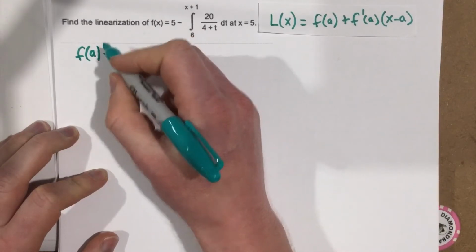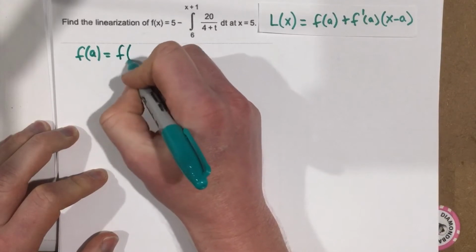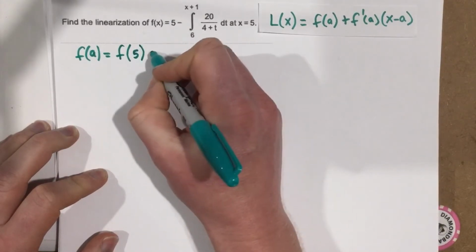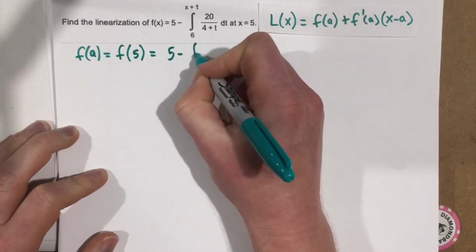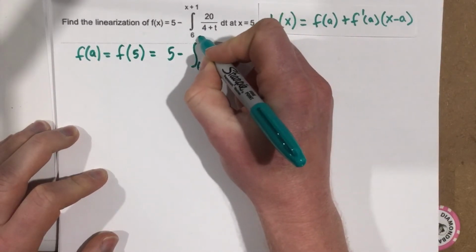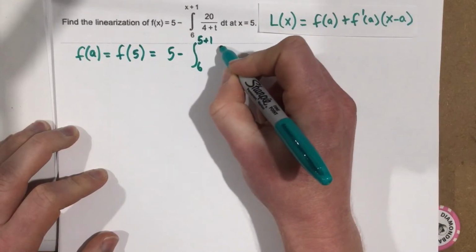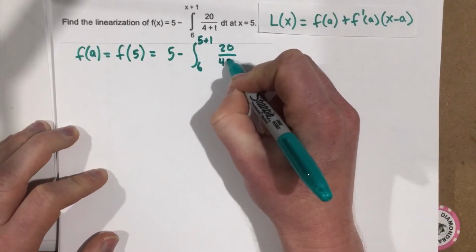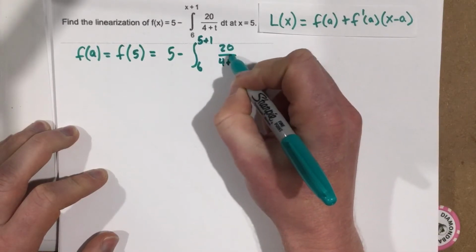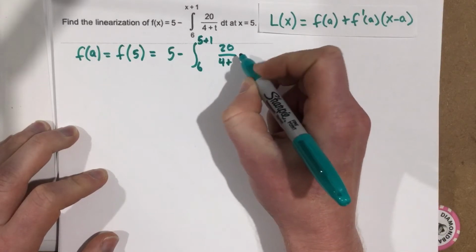So if we do that, that's really just f of 5, which is equal to 5 minus the integral from 6 to 5 plus 1 of 20 over 4 plus t.